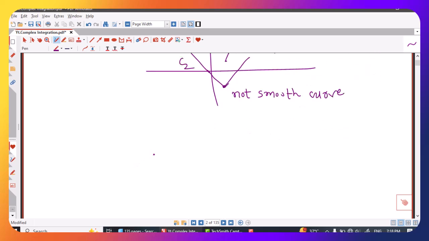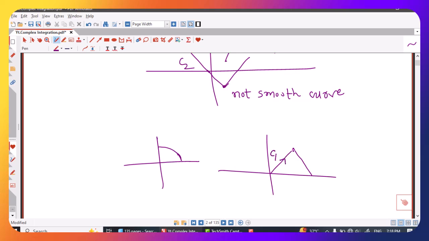For example, if I am considering this part of the circle, then it is a smooth curve. But if I am considering this type of curve, a triangle like this, then this is not a smooth curve. But I can consider this as a union of two smooth curves.